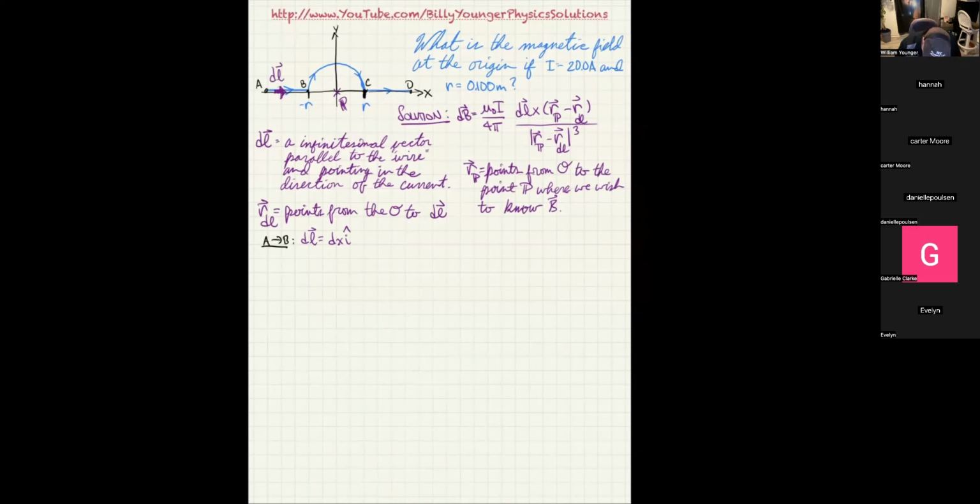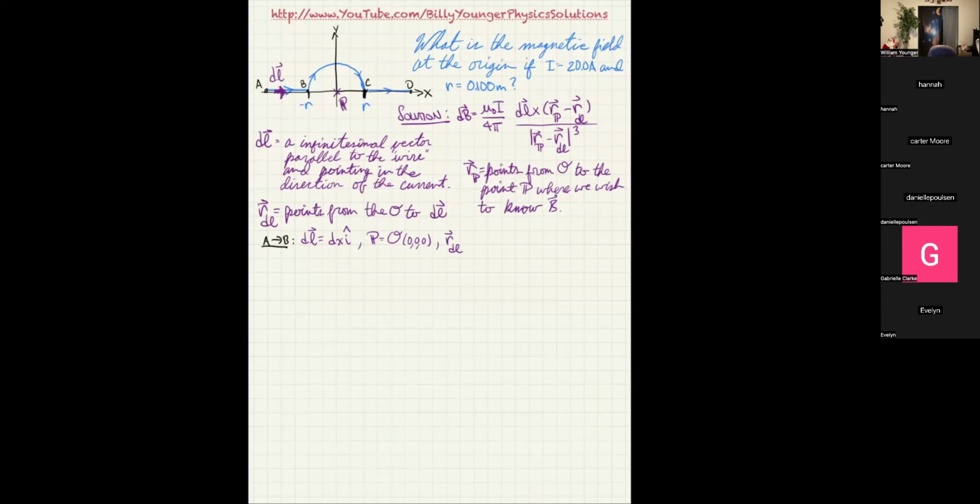We're good on that. Now I need the point P, which we said is the origin, which we might also write as 0, 0, 0. We also need R dl, so I need a vector that points from the origin to dl. I'll draw it right here real quickly.